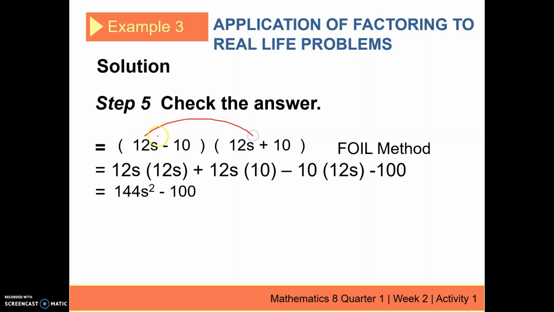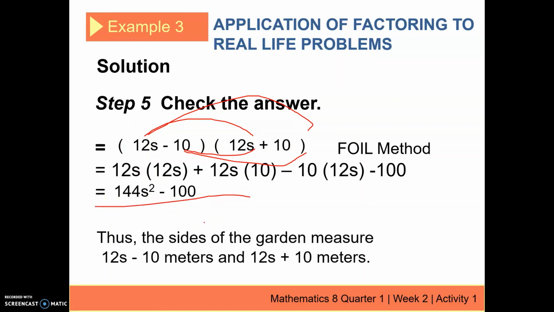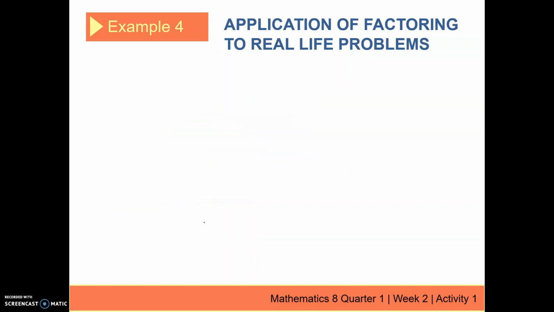Proceeding with the process, we learn that the answer is correct because after multiplying the factored form through the FOIL method, we get the same area, which is 144s squared minus 100. Thus, the sides of the garden measure 12s minus 10 meters and 12s plus 10 meters.